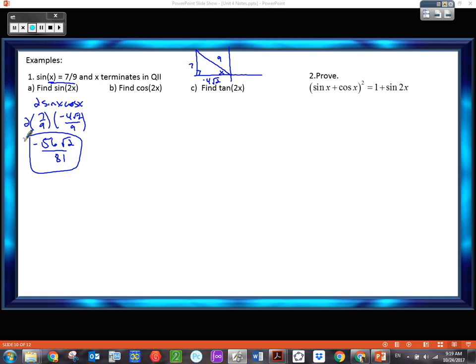Okay, let's look at the cosine double angle. Again, I have just one of them memorized. If you want to convert to the others, you certainly can. If you want to memorize all 3, that is perfectly fine. But I just have cosine squared minus sine squared in my head. Notice how close it looks to the Pythagorean identity. It's very close, isn't it? Cosine squared minus sine squared.